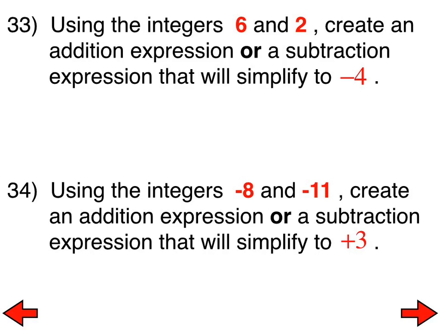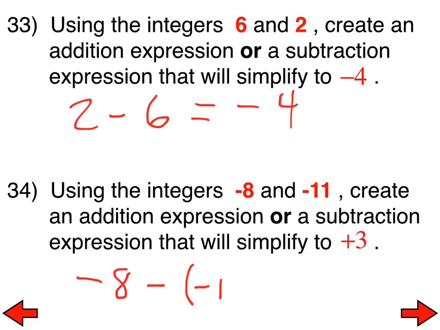Now, I'm going to ask for lots of examples. Some of you may have got a sum or a difference of negative 4, but you didn't follow what it was telling you to do. And I'm hoping I will get some of those. So somebody give me one expression that will simplify to negative 4. Caleb? Negative 8 minus negative 11. All right, so you used negative 8 and negative 11, and that does have a difference of positive 3. Anybody have something else? Yes.